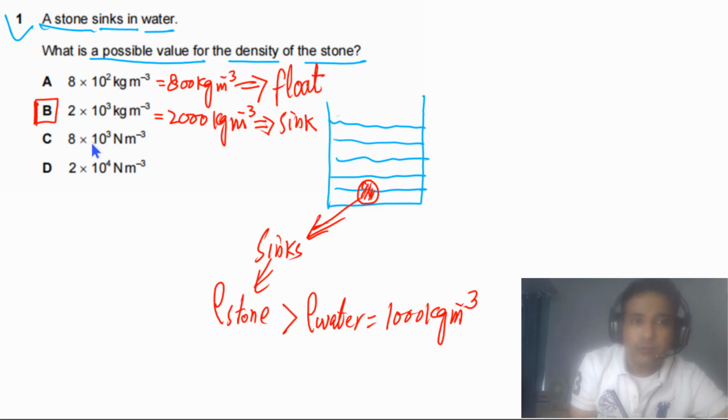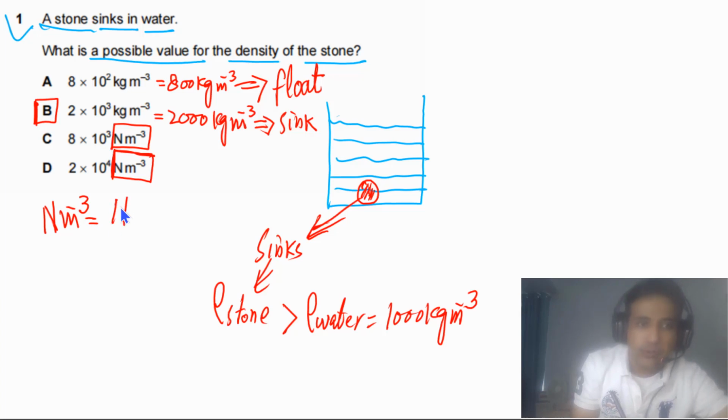But if you look at options C and D, units are newtons per cubic meter. So here we have newtons per cubic meter, here also we have newtons per cubic meter. So we can check these units. Are these units of density or not? Newtons per cubic meter, so we can write down this is newtons per cubic meter, and for newtons the SI base units are kgs meter per second square, and this is meter cube.